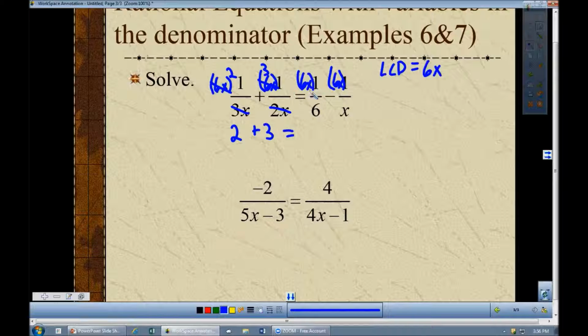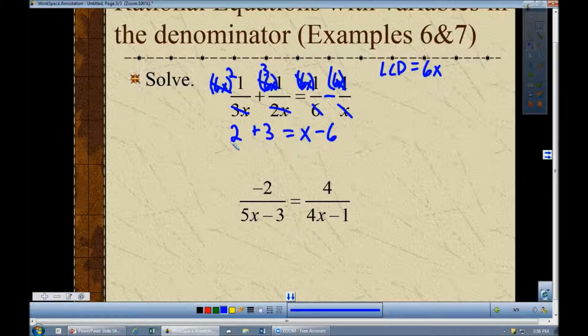And 6x and 6, when these 6's cancel out, all I wind up multiplying this 1 times is x. And finally, 6x and x, this time the x's will cancel out, meaning I multiply 6 times 1. Now don't forget this minus sign here. That was important too. It stays a negative. So negative 6 times 1 is negative 6.